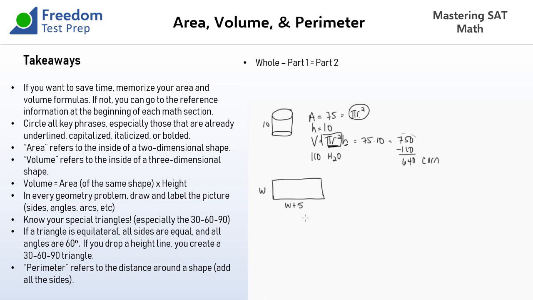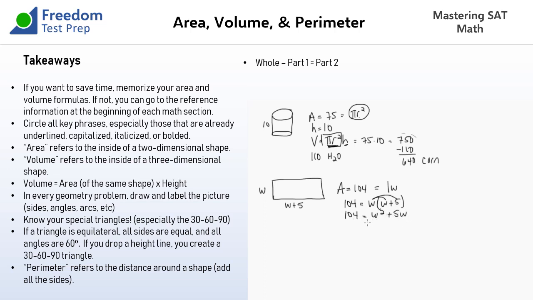Okay, and then if it says something about the area, so let's say the area is going to be 104, right? And we know that the area is length times width. So we know that 104 equals W times W plus 5. And then we just distribute that W. So we get 104 equals W squared plus 5W.